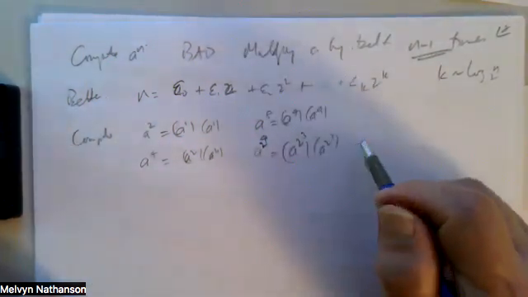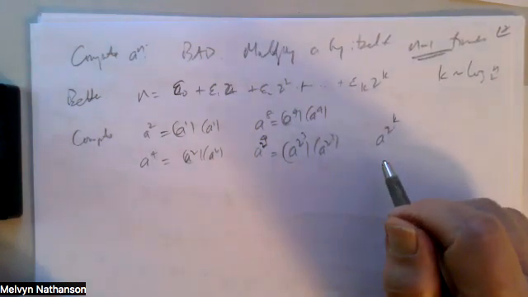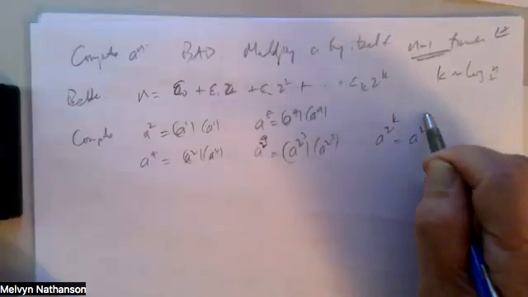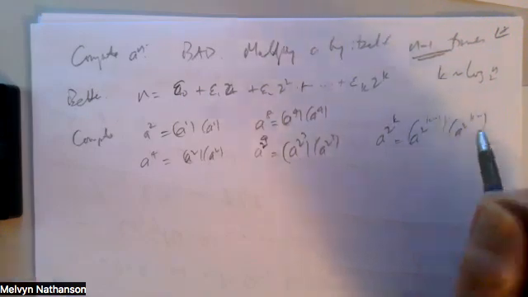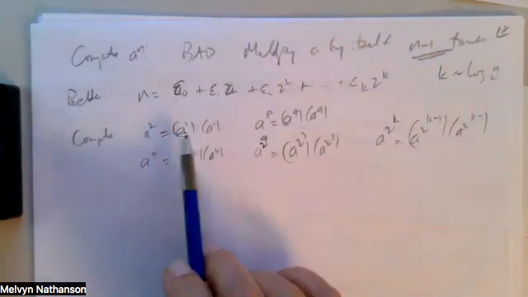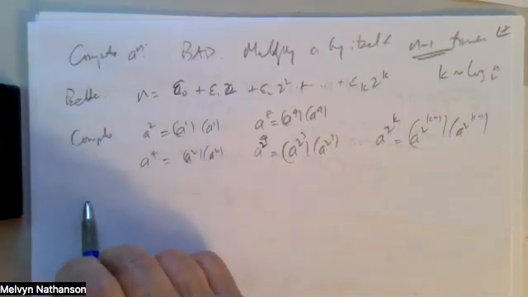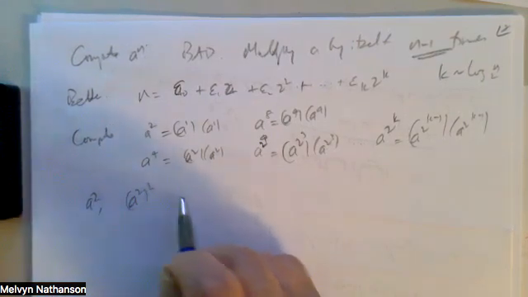So how many multiplications to get a to the 2 to the k? That's as far as we want to go. A to the 2 to the k is a to the 2 to the k minus 1 times itself. So you take a, you square it. You square it again. So you have how many multiplications? A squared. Then a squared squared.